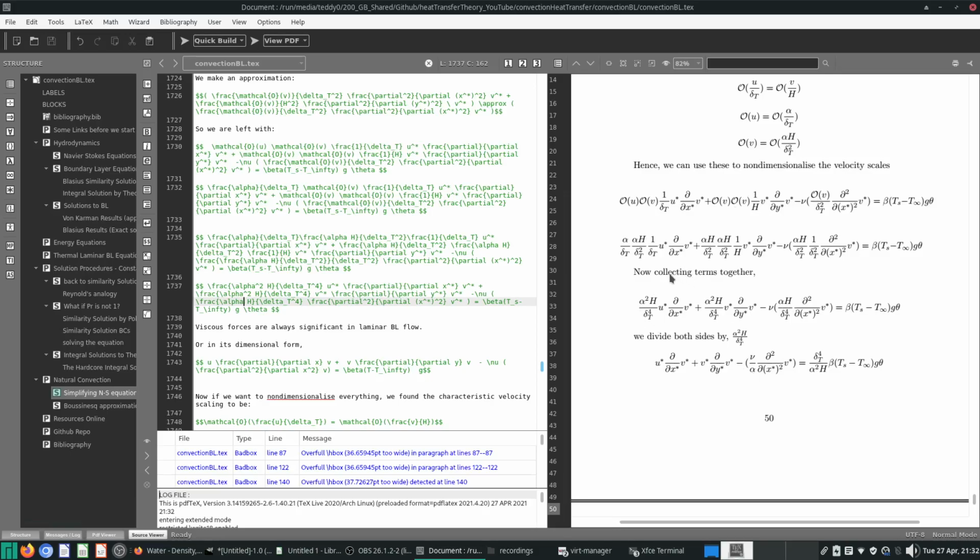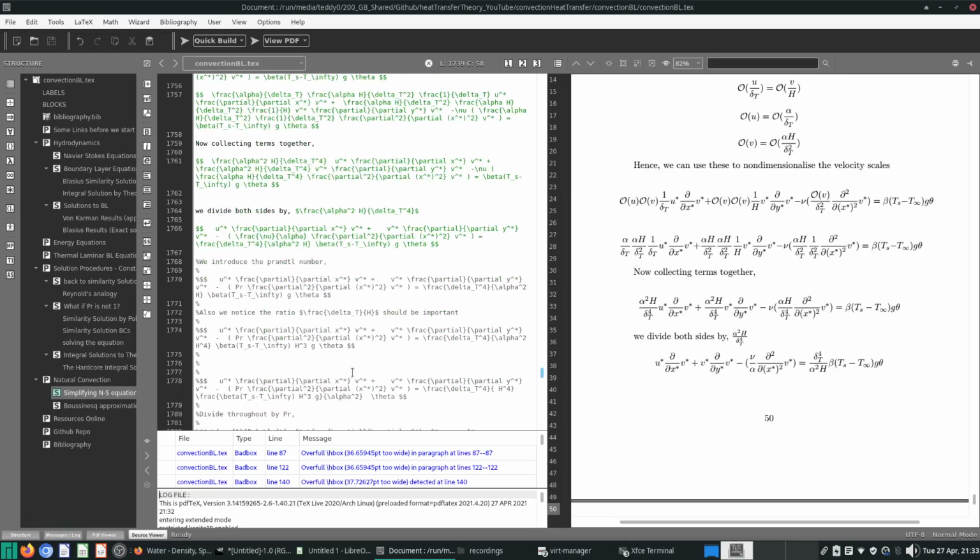But if you want to collect all the terms together, we just divide both sides by this term here, so that we can make these two terms order of magnitude 1, all the dimensionless terms collected together. Very neat. Doing so, we find that we have this ratio, nu over alpha, which is the kinematic viscosity over the thermal diffusivity. What is this number?